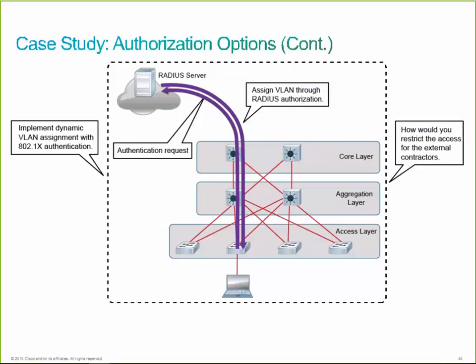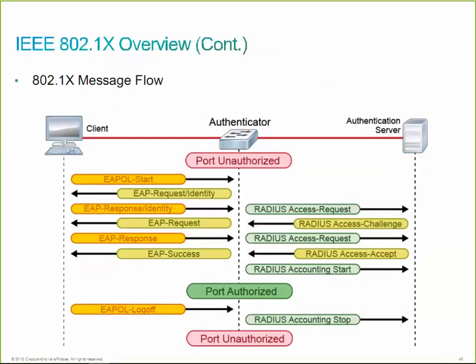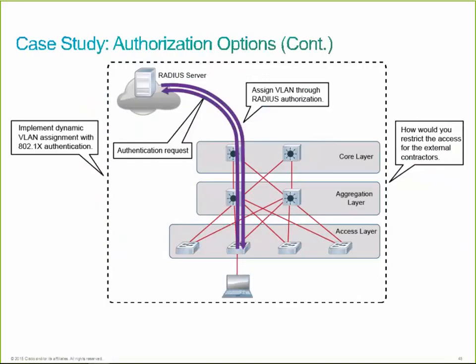By the way, that gets serviced by the RADIUS server. This message right here, the access accept message, is where your authorization comes from the RADIUS server. So I can do my dynamic VLAN assignment in that message from the RADIUS server.